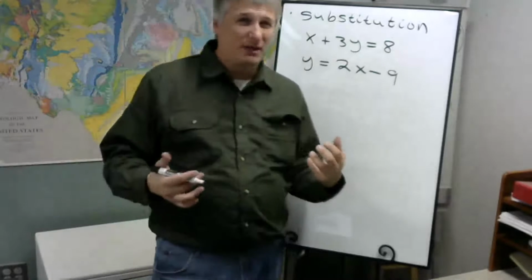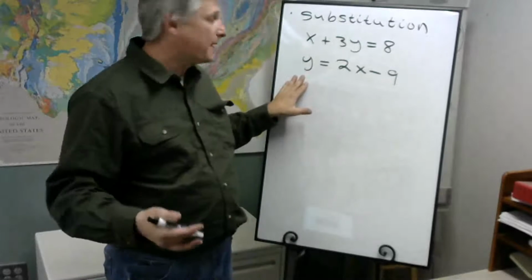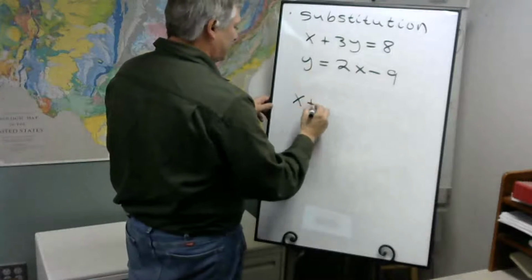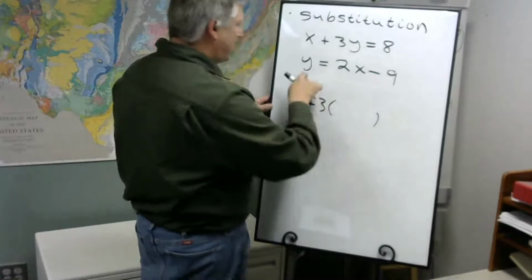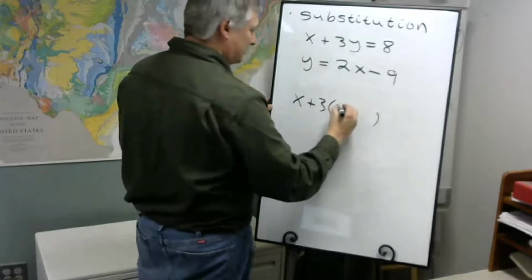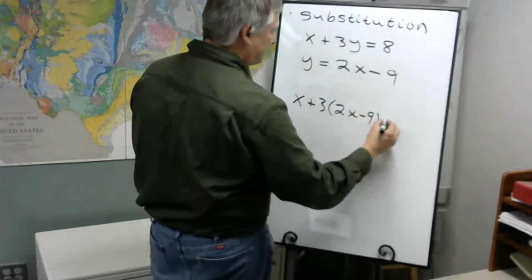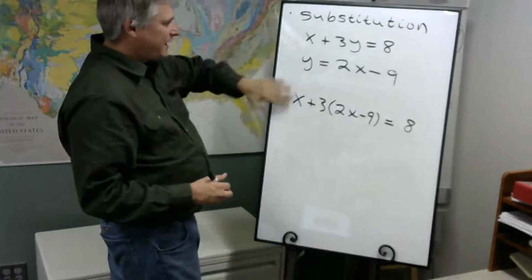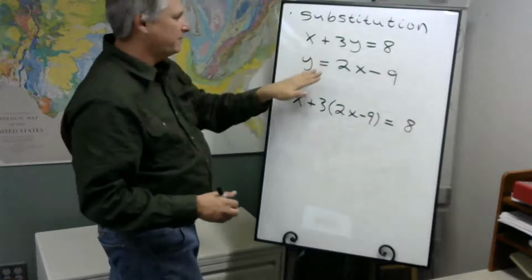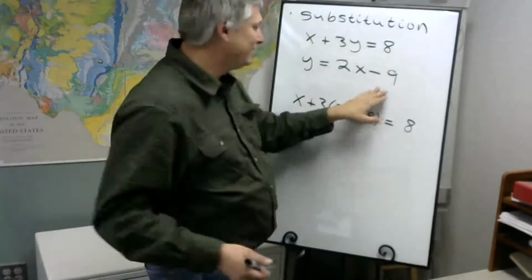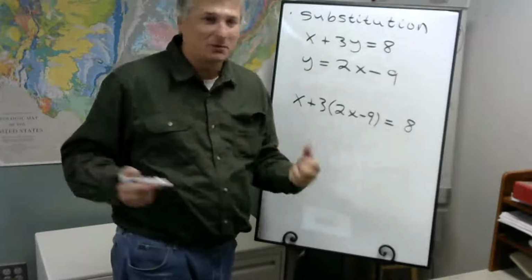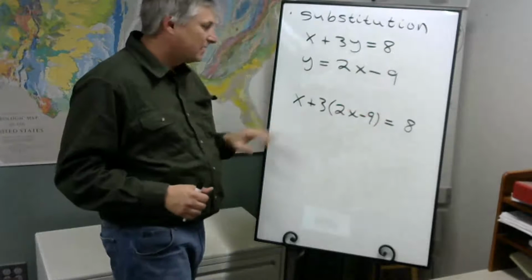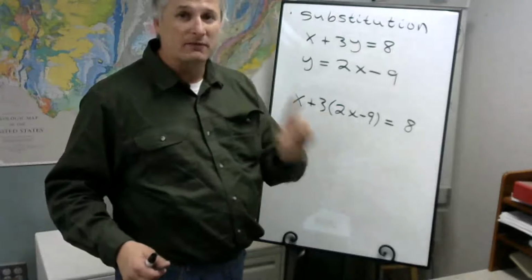Now, this has already sort of been done for us. Someone has already gone ahead and solved for y. So we can replace y here, and we'll get 3 times, and then y is the same as that. So you get 3x minus 9 equals 8... we're taking this equation, we've got the x, we've got the 3, and we replace y with its alter identity. It's sort of like its Batman costume, so to speak. And then it's equal to 8. Now we have an equation with one variable.